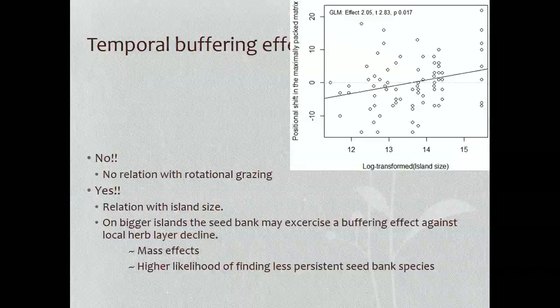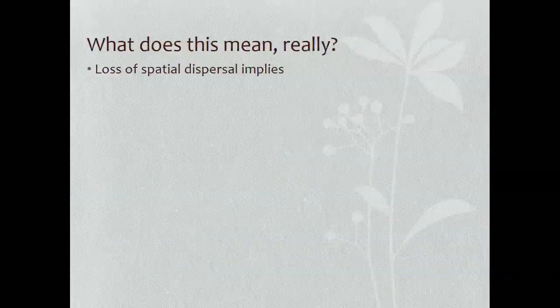But we did find that the shift in the nested matrices was related to island size, which basically implies that on the islands where the rotational grazing had disappeared, if it was a big island, there's still some potential of species being reintroduced from the seed bank if we would restart management. But unfortunately, the effect that might still last is probably limited in space and time.